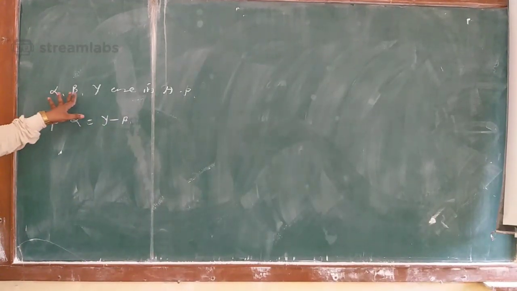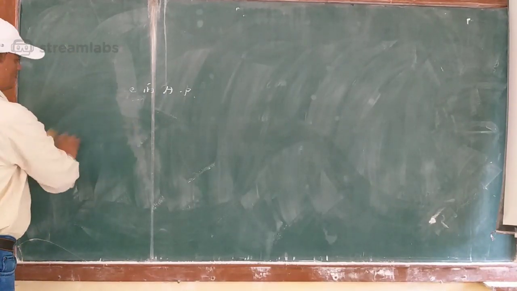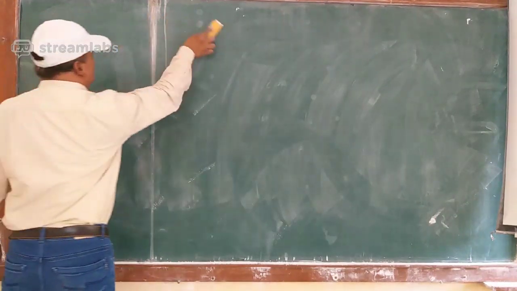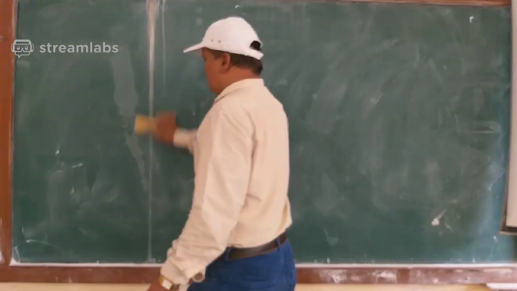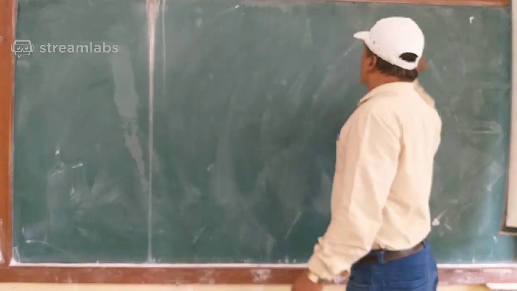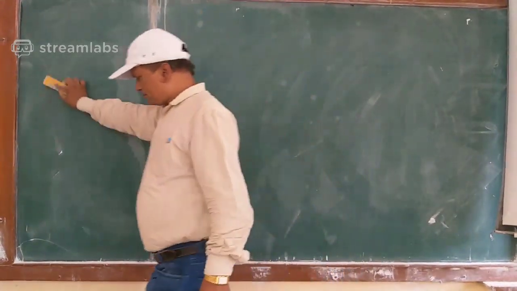The difference of two successive terms is the same. It means that three terms are in arithmetic progression, are in AP.